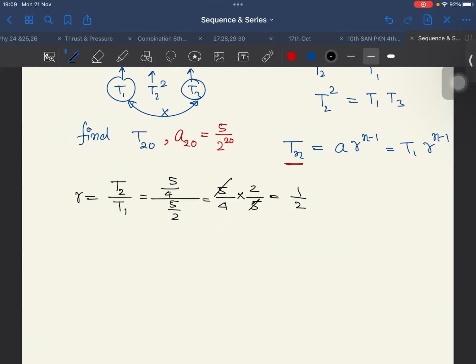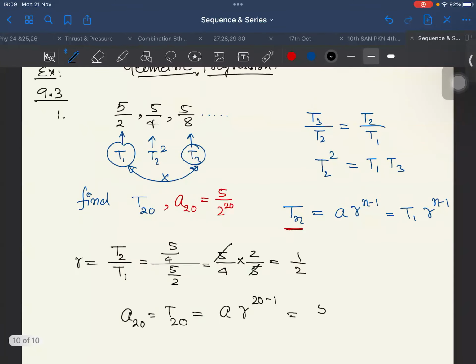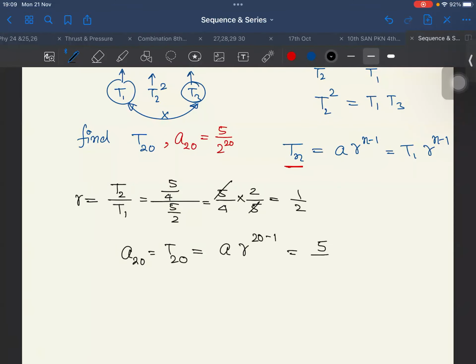Hopefully everyone is getting it. Now A20 or T20, the 20th term, will be equal to A, the first term, times R to the power of 20 minus 1. A is how much? 5 by 2, right? So 5 by 2 multiplied by R, R is 1 upon 2, to the power of 19.